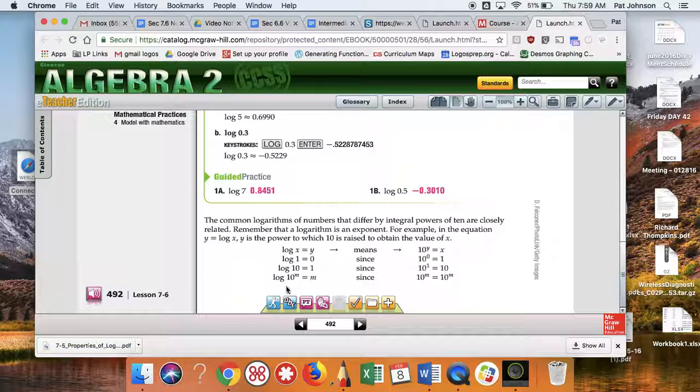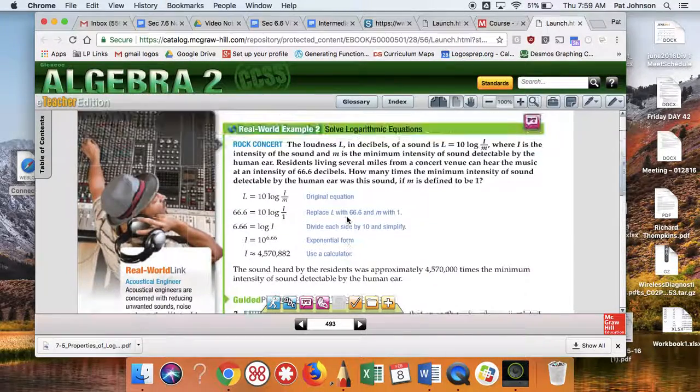If you have the common log of 10 raised to the power m, it equals m, since 10 to the m equals 10 to the m. Remember we said if you have the same base and same argument, it equals 1. So they're just showing the relationship there.